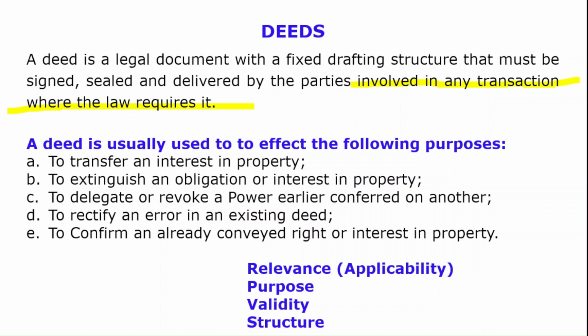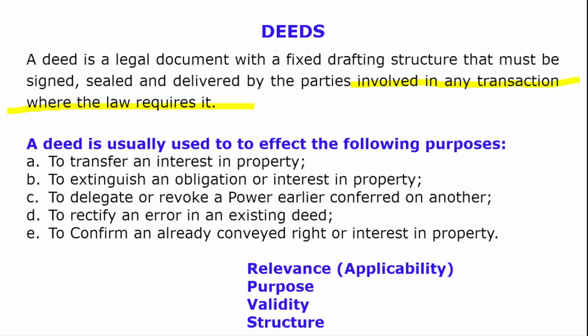So let's begin with the first one, which is that it is to transfer an interest in property. By interest, we are referring to legal interest in property. There are many interests that exist in property. You have the possessory, you have easements, so many things like we mentioned in module 1. You have the equitable interest.